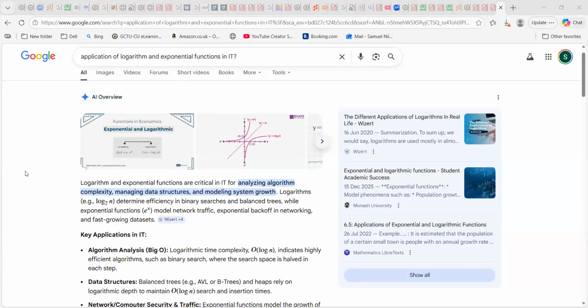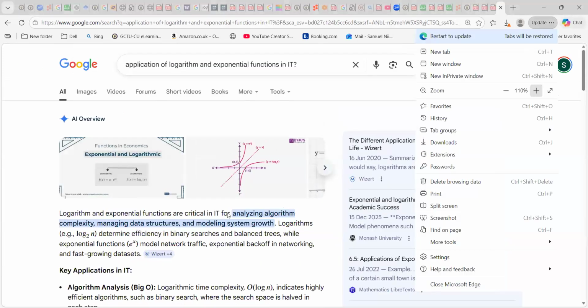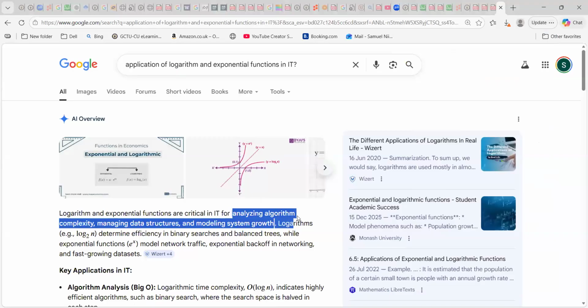But I just typed this in Google to give you a cursory look at what logarithm functions can be used for, because there's quite a lot of laws here. So here, we see that it is used to analyze algorithms. That's one of the first things we are able to use log functions and exponents to do. Number two, be able to manage data structures. And then number three, how to model growth, systems of growth.